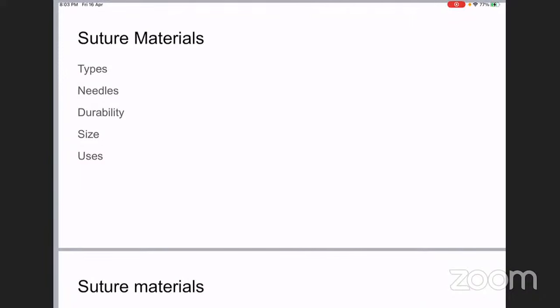This is something we see only in monofilament sutures. They have memory, that is, they remember how they were placed inside the packing material.